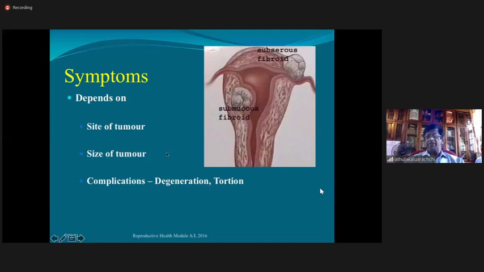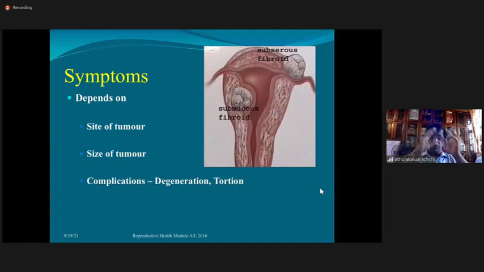When I say where the fibroid is, it is in relation to the uterine muscle, whether it's close to the uterine cavity, or whether it is intramural, or whether it is subserosal. So it will depend on the site of the tumor in the uterine muscle.